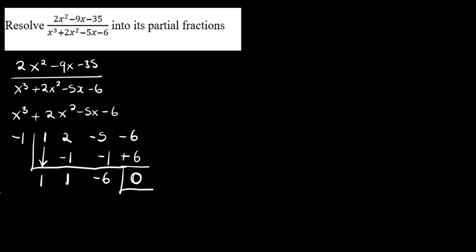So this means that x plus 1 is a factor of this function. Why is it a factor? Because it has given us the remainder to be 0. If it has given us the remainder to be 0, it means that it's a factor.